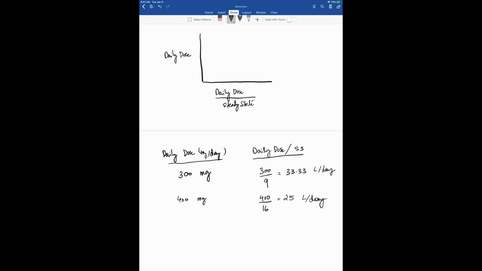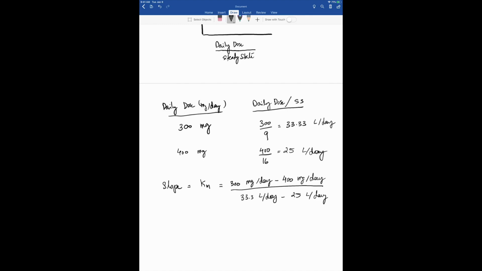The slope, which is equal to negative Km, is equal to the initial dose, which is 300 milligrams per day, minus 400 milligrams per day, divided by 33.3 liters per day minus 25 liters per day.